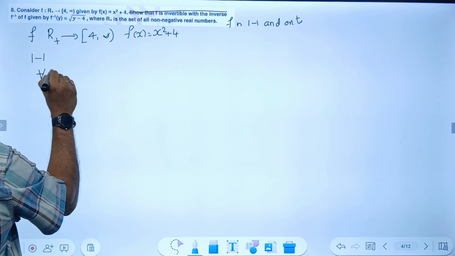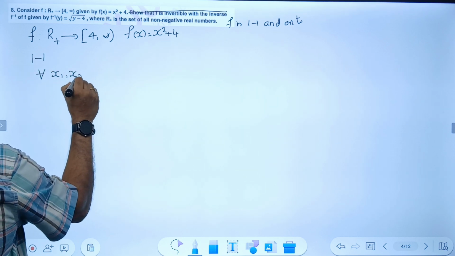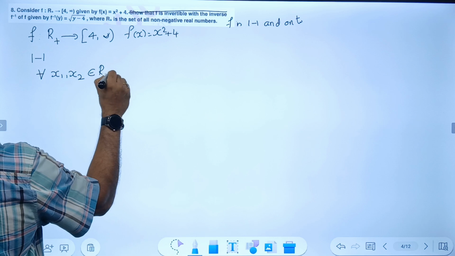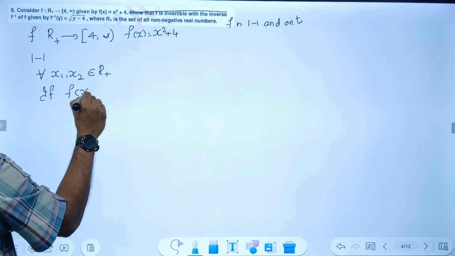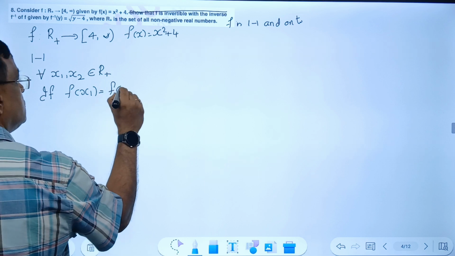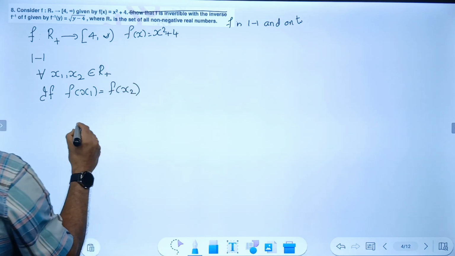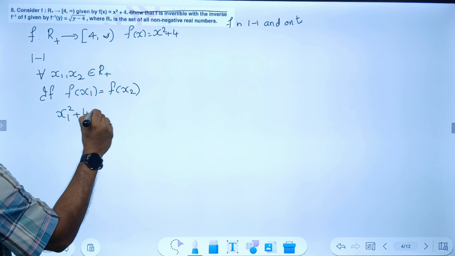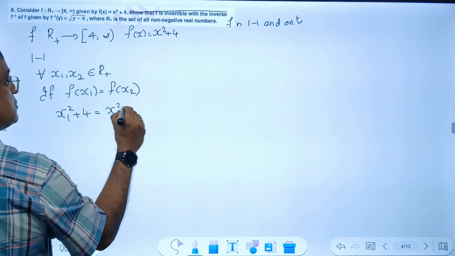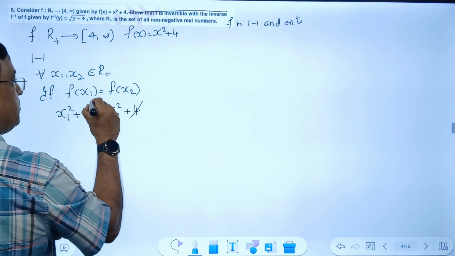For every x1 comma x2 belongs to R plus, if f of x1 equals f of x2. Now what is f of x1? f of x1 is x1 square plus 4. And what is f of x2? x2 square plus 4. So 4 can be cancelled.